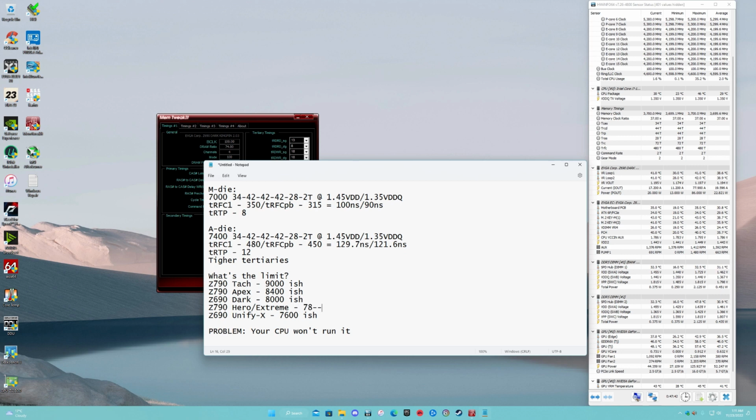So from what I've seen, here's the deal, guys. Real talk. Your CPU will not run this, and definitely not this. I'm telling you right now, okay? Doubt me if you want. In order to get this, and this, you need a bin.